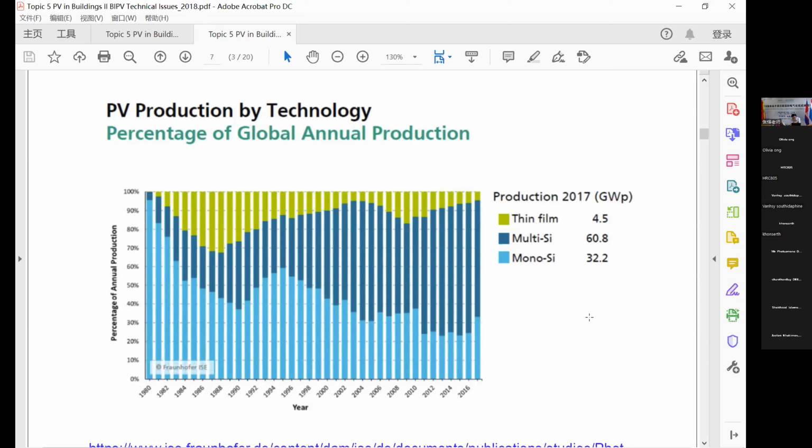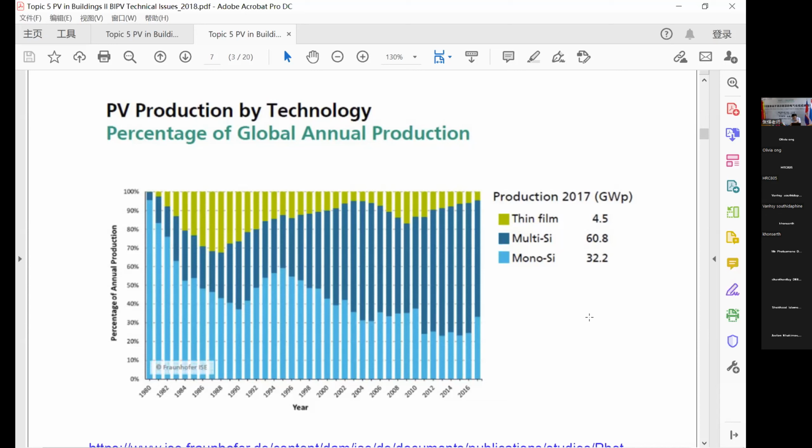We cannot say they are cheap, but we can see the silicon-based solar cell is not as expensive as it was 20 years ago. The cost significantly decreased, but it is not very expensive, which is acceptable to most companies or government investment.